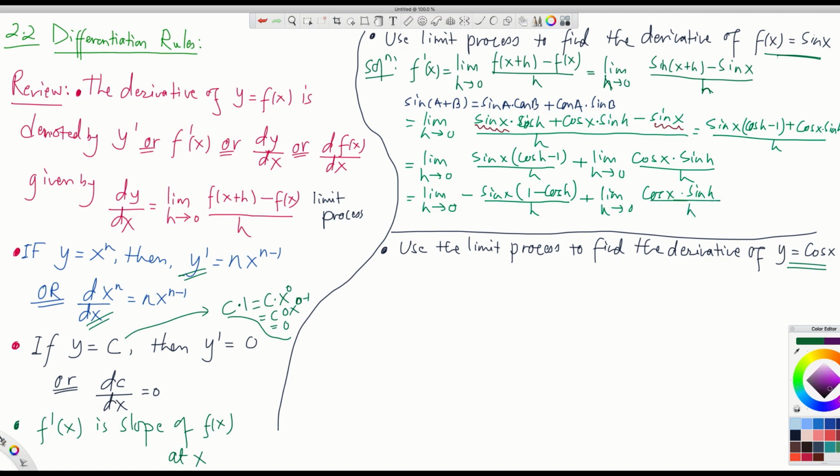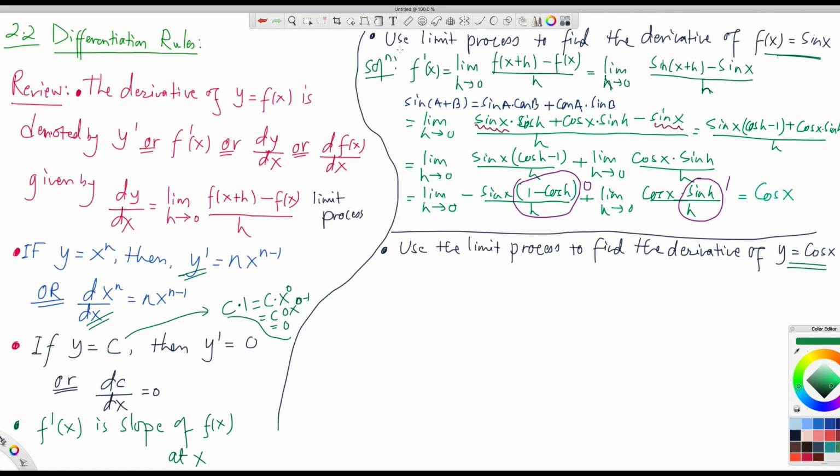Limit h tends to 0 of sine h over h is 1, and limit h tends to 0 of the other thing is 0. So sine x times 0 will be 0; the first term is 0. The second term will be cosine x. 0 plus cosine x is just cosine x, which is the formula. So this equals cosine x.